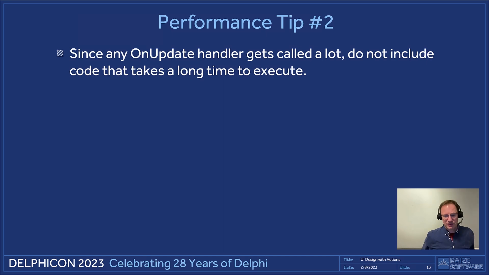Second performance tip. This probably should be obvious to most of you, because this onUpdate event handler gets called so frequently, you do not want to include code that takes a long time to execute. This might require you to rethink how you obtain or cache the state of your application.